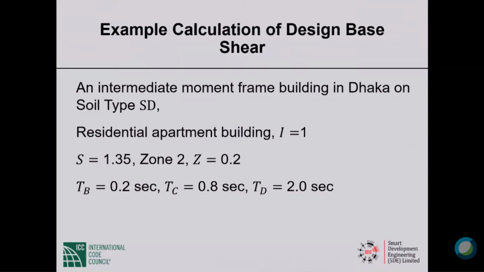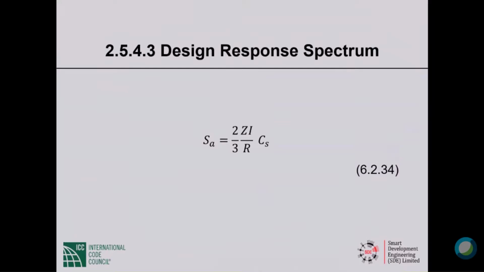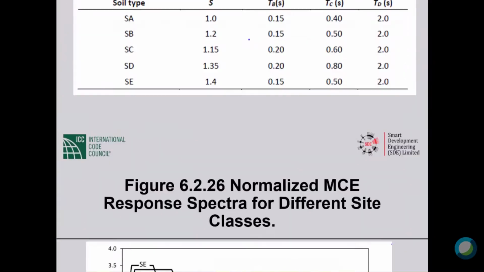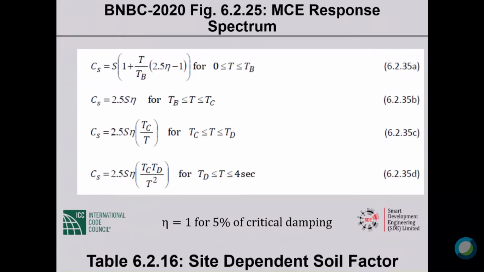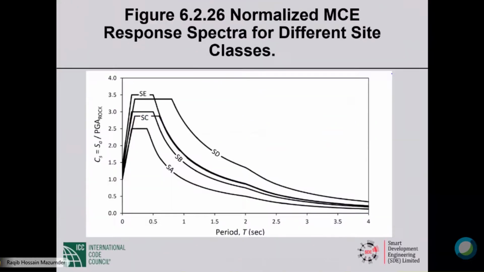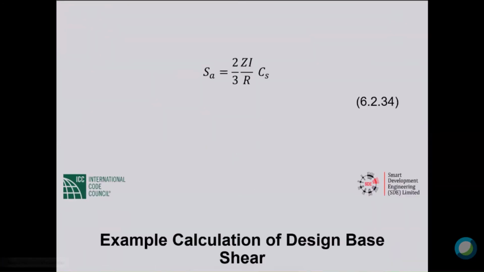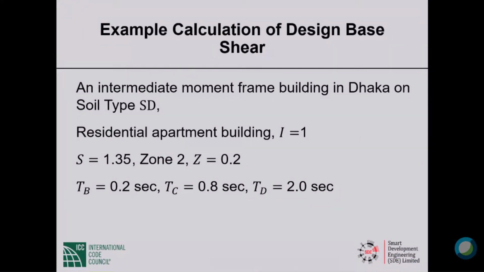Okay, so here I decided to run numbers using BNBC 2020, the equations that you saw here, in the appendix. So an intermediate moment frame building in Dhaka on soil type SD.